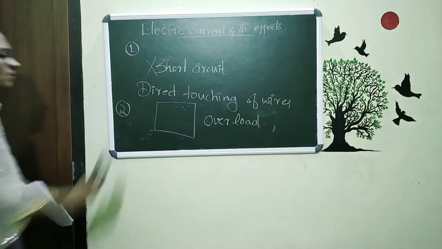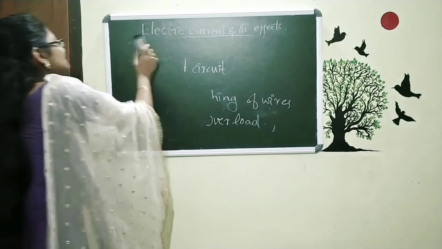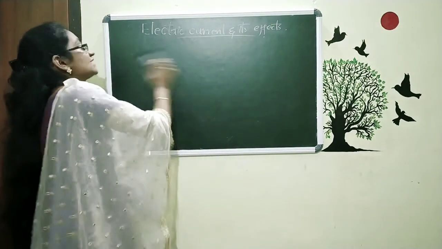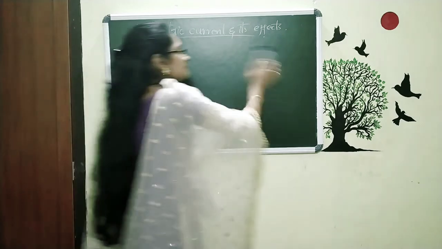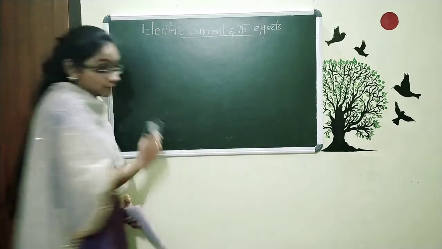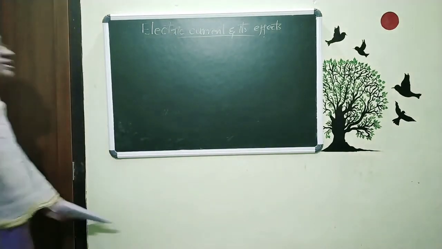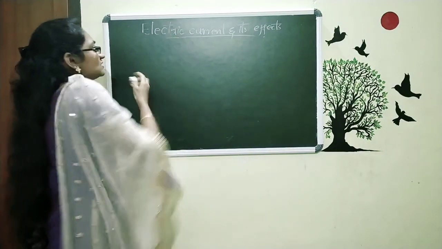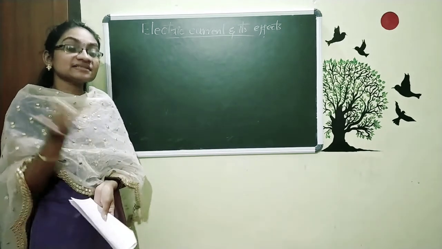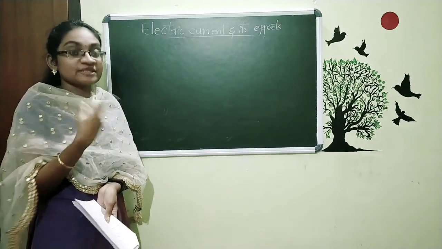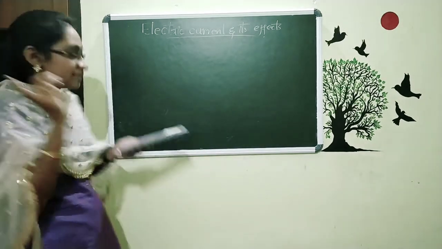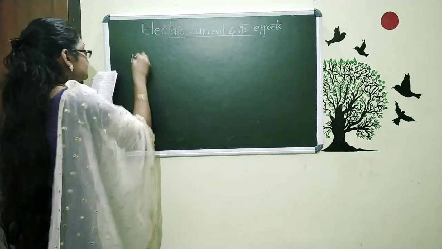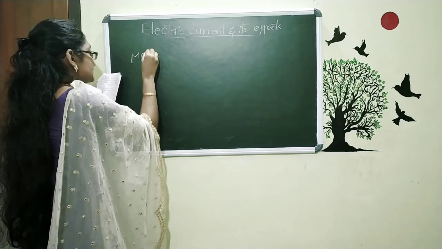But now, in today's circuits, generally we are adding another type of safety measure rather than this fuse. What is that? When your home is built these days, we are adding such safety measures instead of a fuse. That is the thing called MCB.